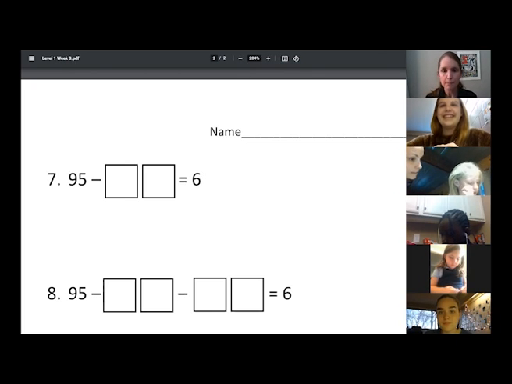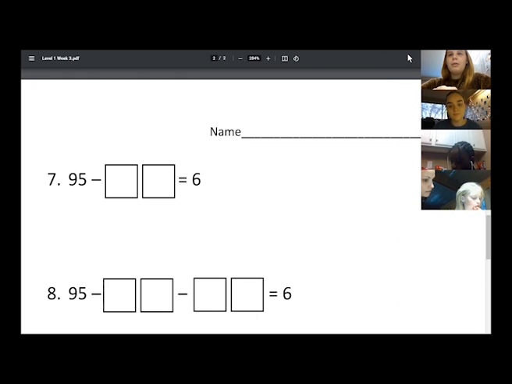Okay. So let's look at it like that, since I know a lot of y'all were having some issues. This is a really tricky one too. They're getting harder. 95 minus 6. 95 minus 6 is going to equal what?